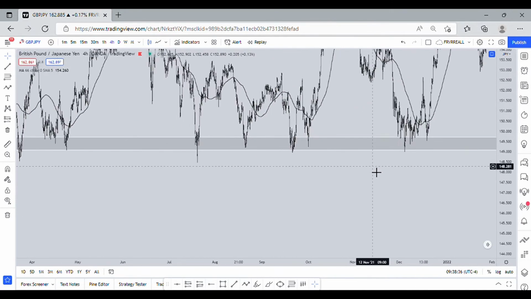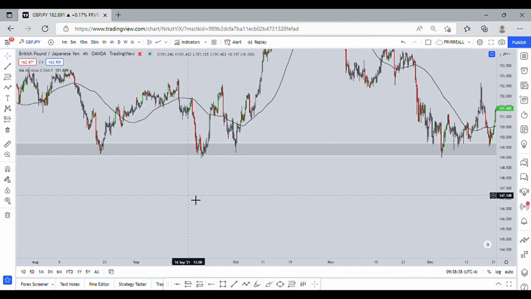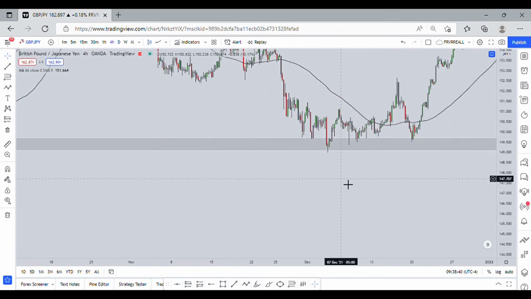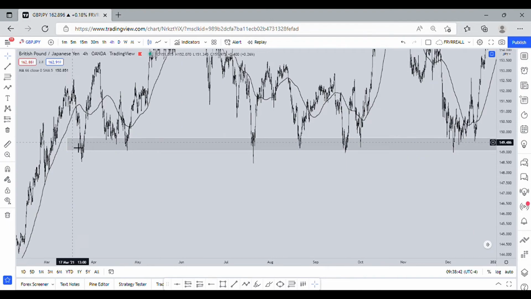Okay, I think we've used this. So here, this level we established on the daily time frame. On the daily, this is where we find the level.